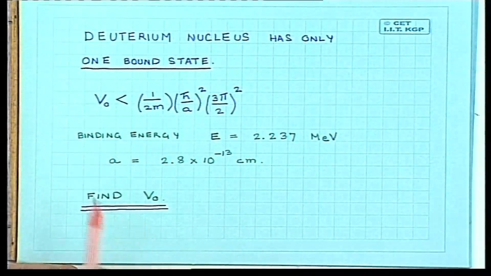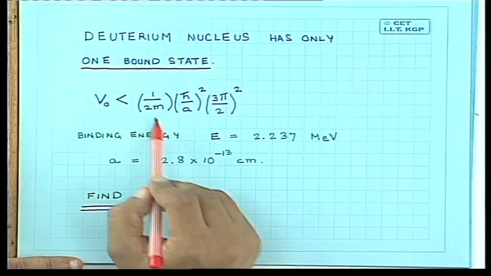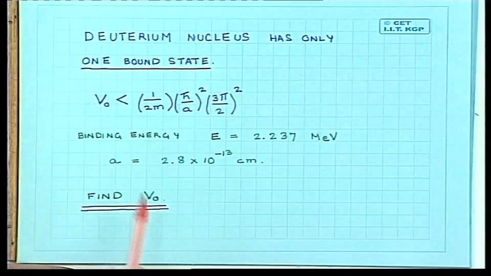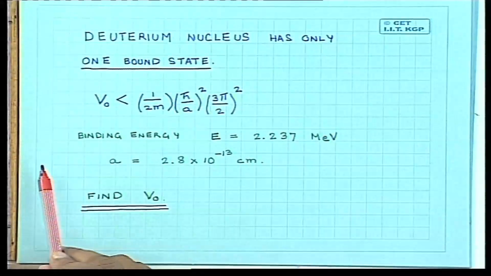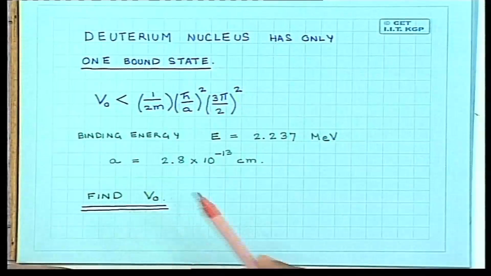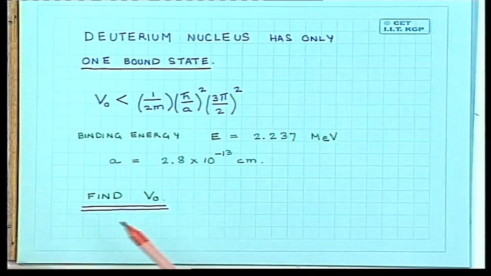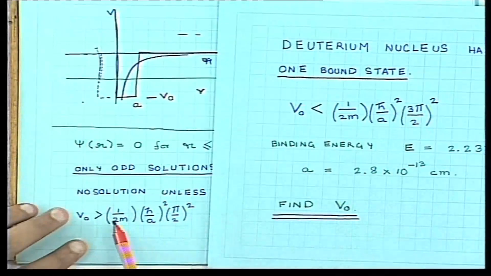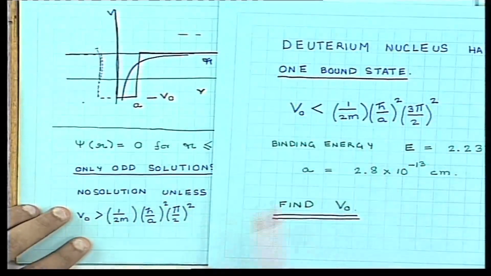Which tells us that the potential V0 should also be less than 1 by 2m times h cross by a whole squared, times 3 pi by 2 whole squared. Because if the potential were more than this, then you would have one more allowed odd state. So the potential we find has to be in this range. It has to be more than this and less than this in this model.